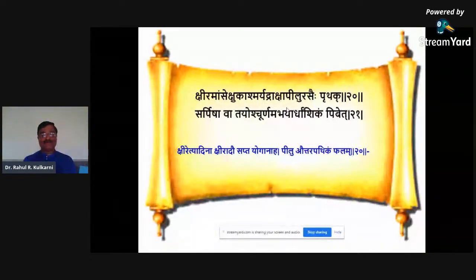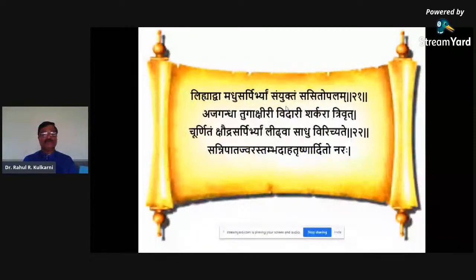Mixed with these, half part of the Trivrut Churna, means one part of Kshira, Mamsa, Ikshurasa, etc., and Ardhamsha part means half the part of that, the Trivrut Churna has to be added and consumed. Again it is going to be helpful in Pitta Vataja Vikaras, because Kshira, Mamsa, etc. are Vata Shamaka, and Ikshu, Kashmarya, Draksha, Pilu, etc. are Pitta Shamaka in nature. So in Pitta Vataja Avastha, if you use these, they will effectively help for Virechana and also for Vyadhi Harana.